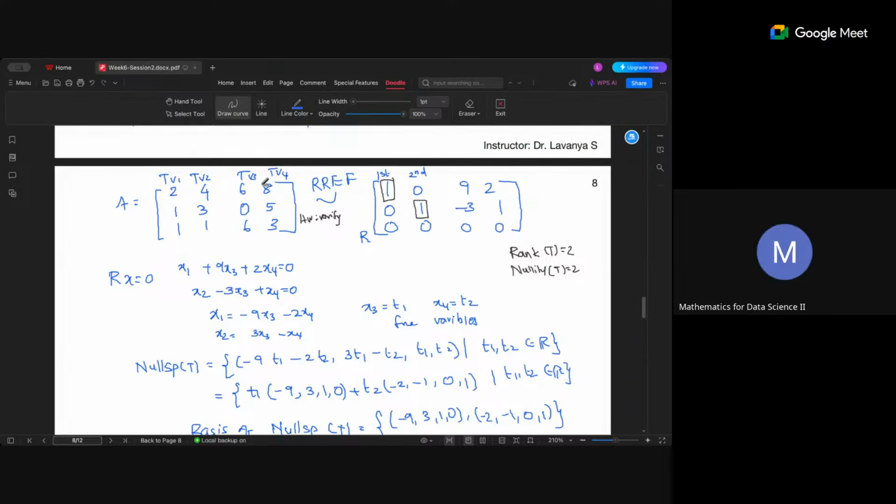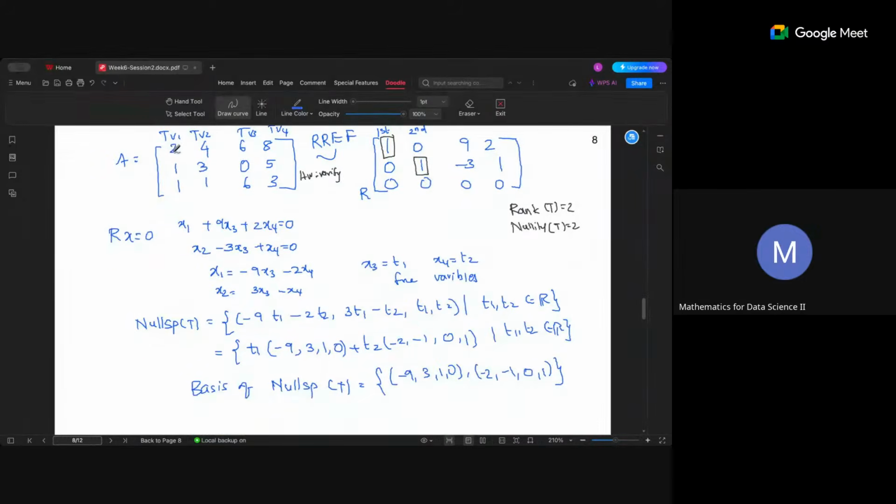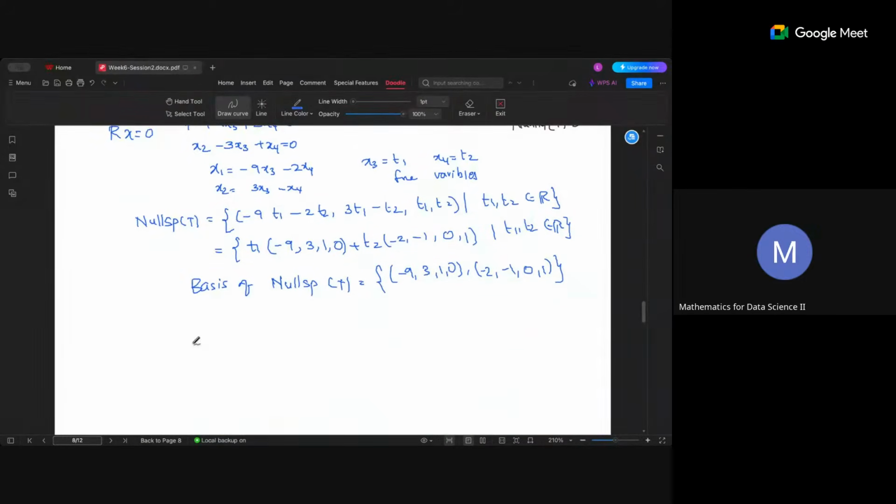So you choose the first and second columns from the original matrix: 2, 1, 1 and 4, 3, 1. So the basis of the range of T is the columns of A containing the pivot: (2, 1, 1) and (4, 3, 1).